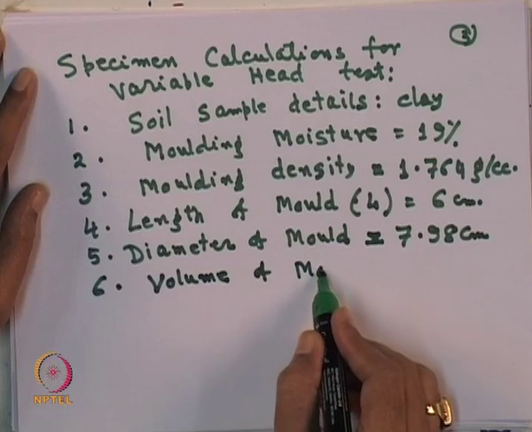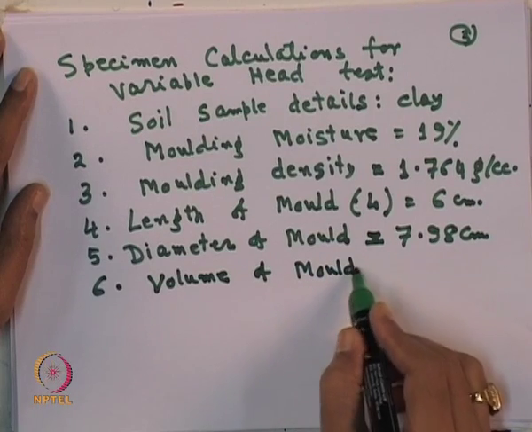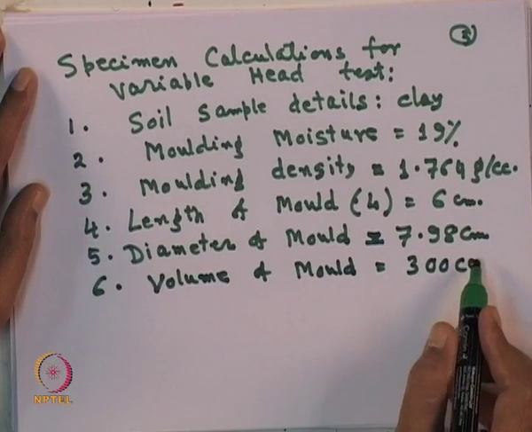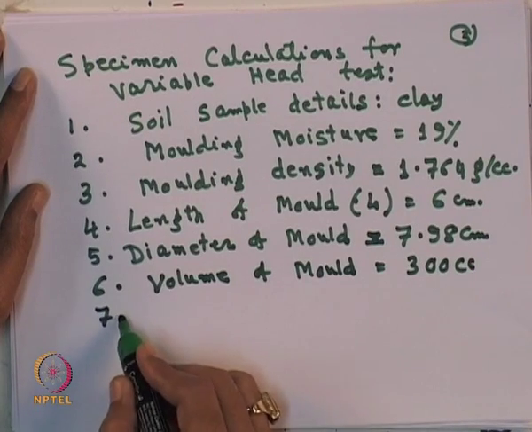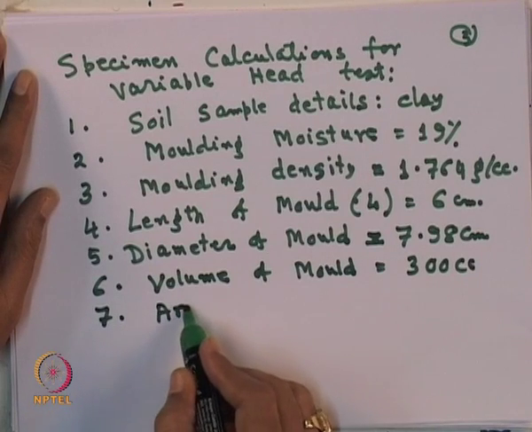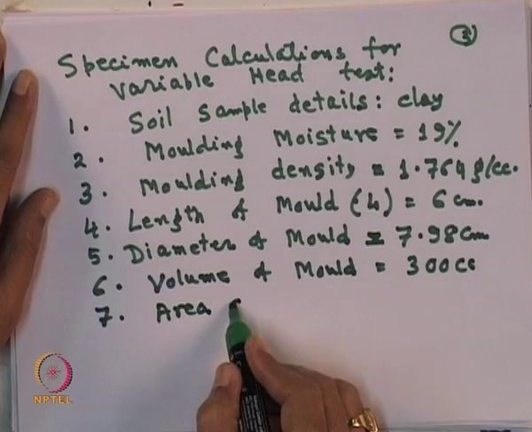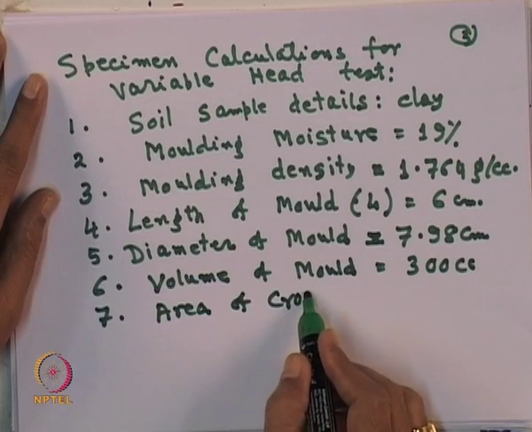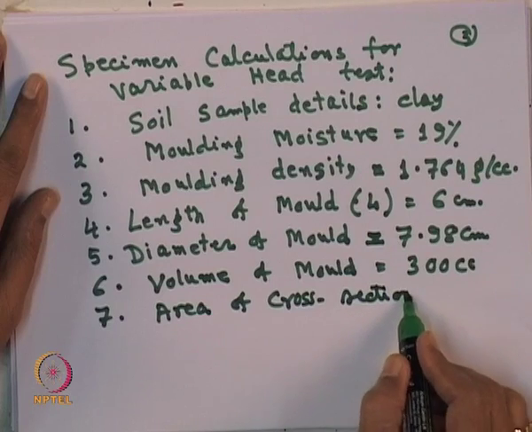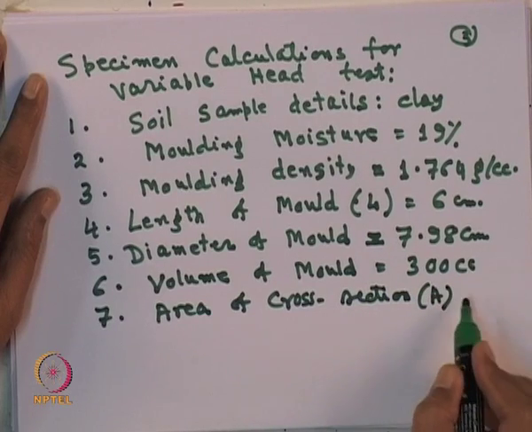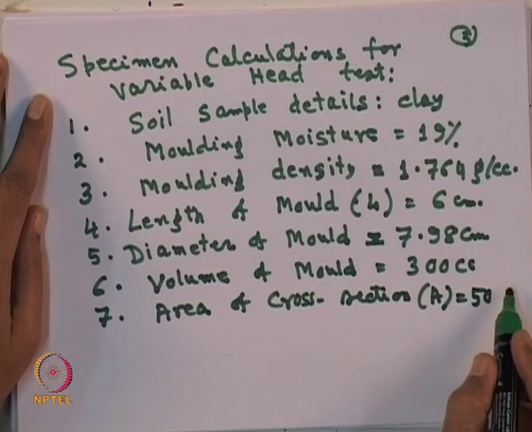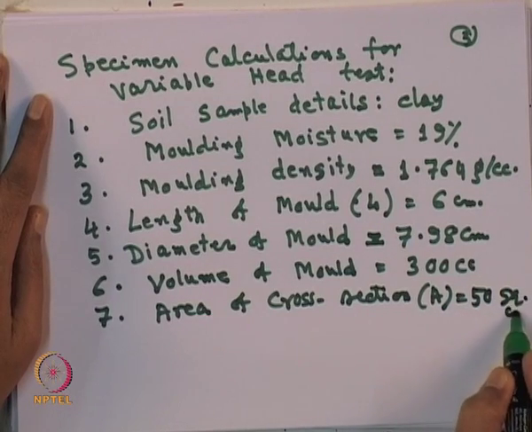Volume of mold is equal to 300 cc. And then the area of cross section of the sample, let us say A, is equal to 50 square centimeter.